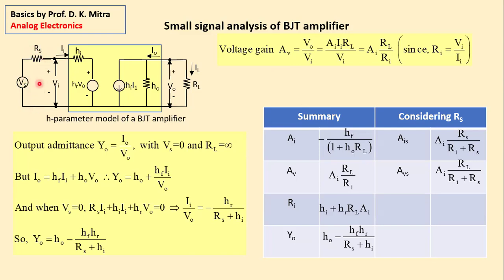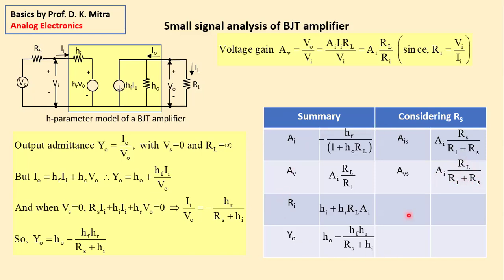But if you know the source resistance, then the current gain and voltage gain equations slightly change. Considering the source resistance, AI will be this AI multiplied by RS by RI plus RS, and AV will be equal to AI multiplied by RL by RI plus RS.